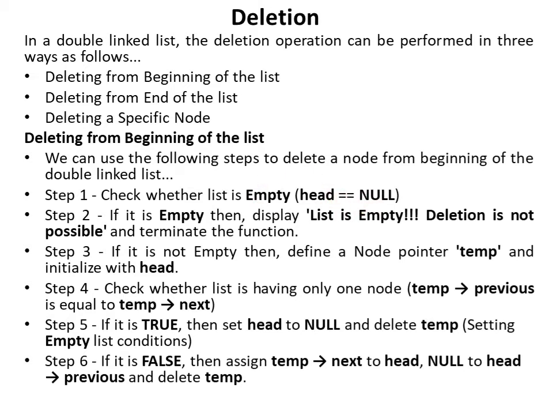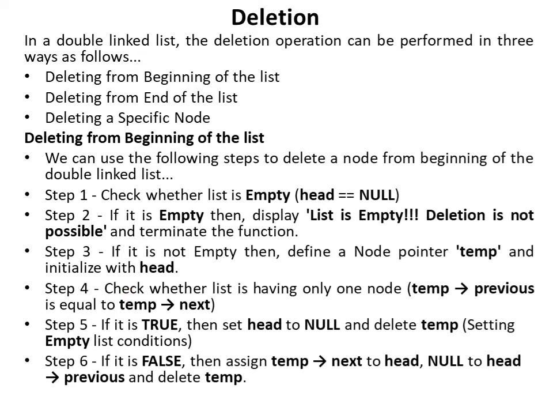Head is nothing but the first node of the linked list. If it is null, it will print empty. In the second step, if it is empty, then display list is empty, deletion is not possible, and terminate the function. Because when it is empty, there are no elements, we cannot delete anything.